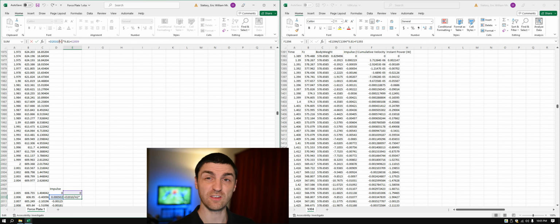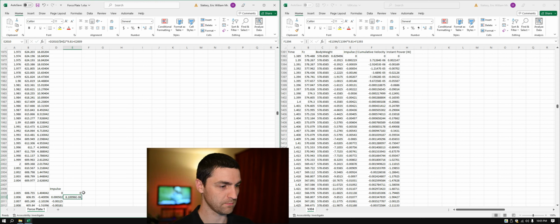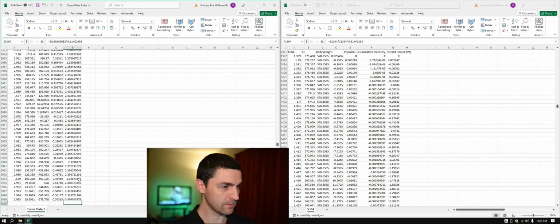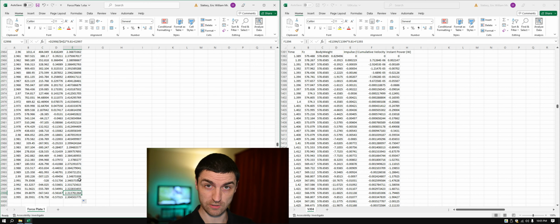One thing before we can hit the double, though, is we have to always point back to body weight. So make sure that's in there. Then we double click on down, and this is the cumulative velocity. And you can see as the person's about to leave the force plate, it's actually going down. So, interesting.